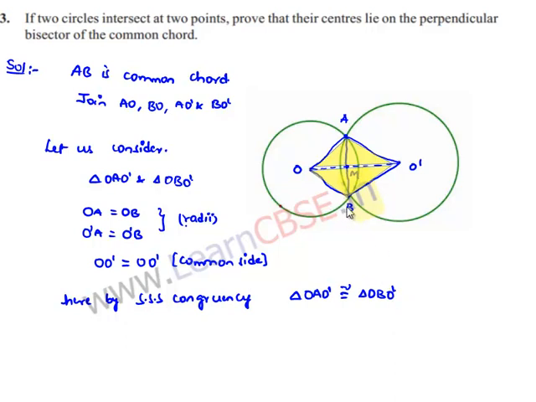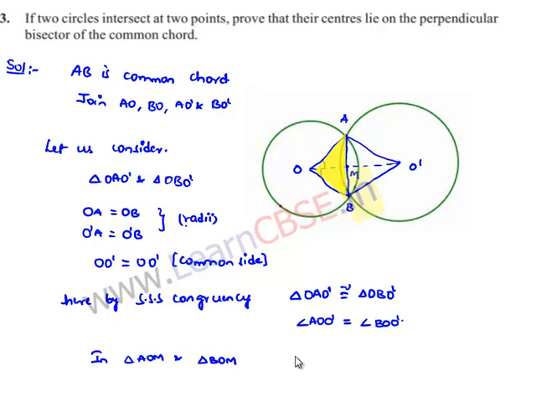We know that when two triangles are congruent, their respective sides and corresponding angles can be equated. Therefore, here we can equate angle AOO' is equal to angle BOO'. Now, let us consider another two triangles, that is triangle AOM and triangle BOM.